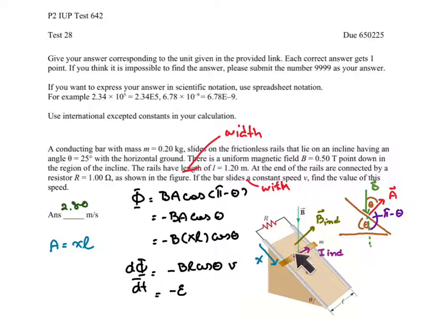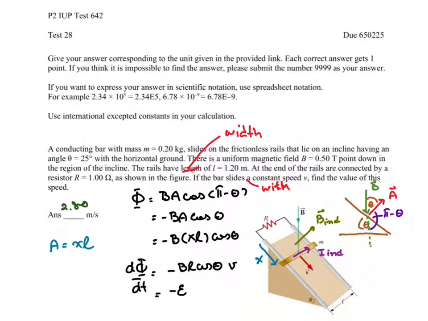Also, when we have current in the external magnetic field, there is a magnetic force on this bar, and the component of this magnetic force will cancel the effect of the gravity. Okay, that is the whole picture of this problem, and the value of V must be the one that creates the induced current, and this induced current creates the magnetic force that cancels the gravity.